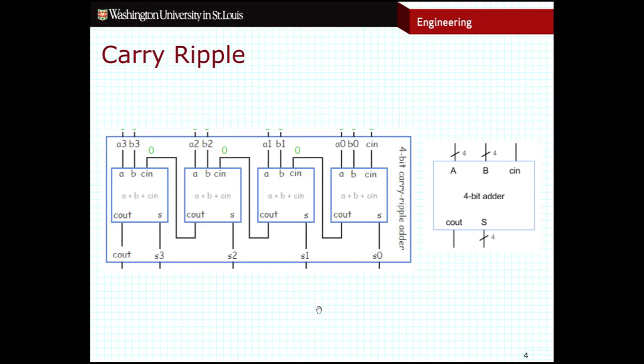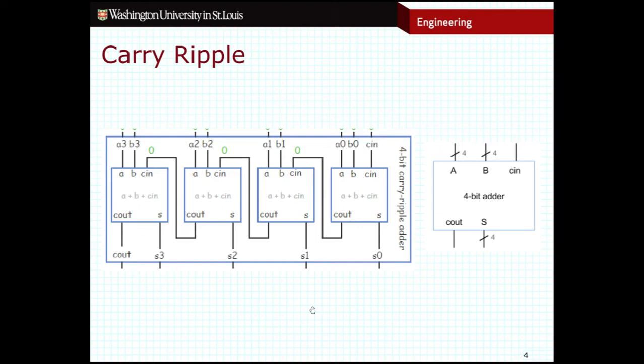So one of the big issues with carry ripple adders is that it takes a little bit of time for those values to propagate. It's not going to be an instantaneous addition that takes place, and you need to be a little bit careful. I will actually see a result here relatively quickly. I'll see a result on the output right away, but that result will change as the carry out bits propagate through this carry ripple adder.